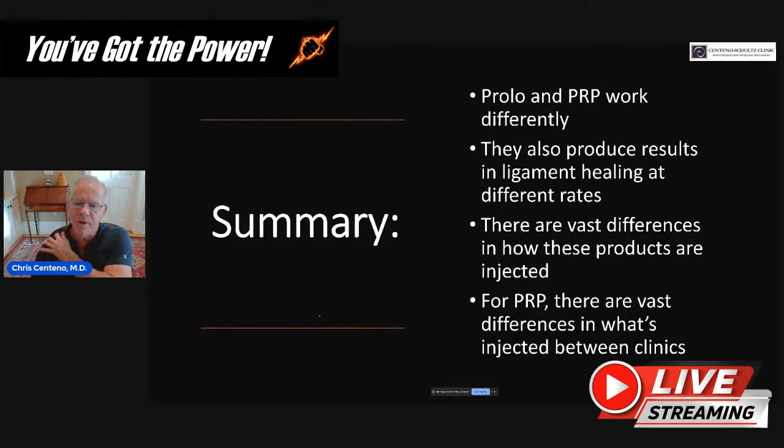So in summary, Prolo and PRP work very differently. They also produce results in ligament healing at different rates. There are vast differences in how these products are injected, and for PRP, there are vast differences in what's injected between clinics. The problem for patients is that they believe these things are interchangeable. They're not.